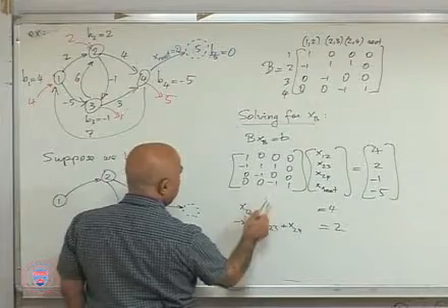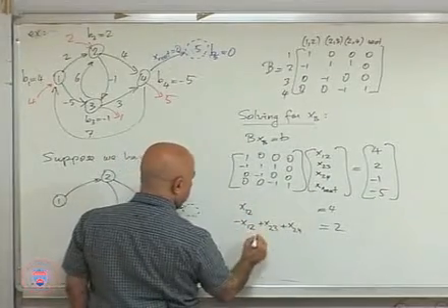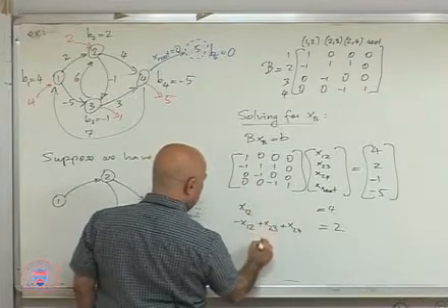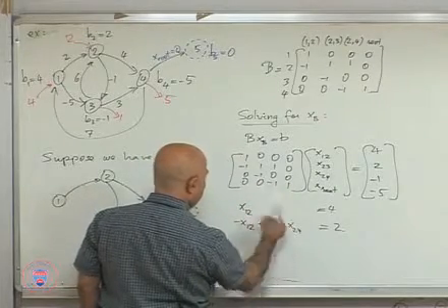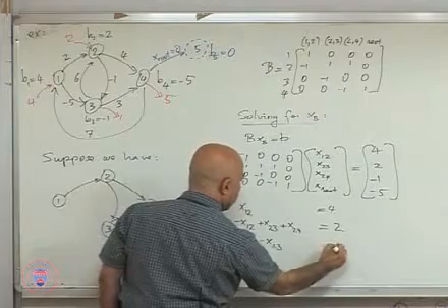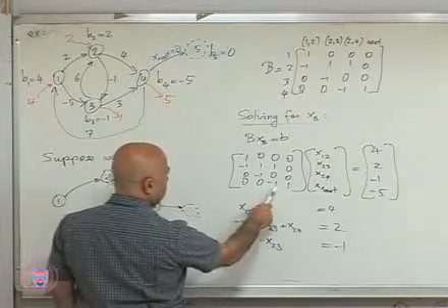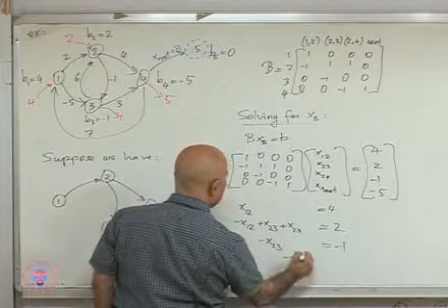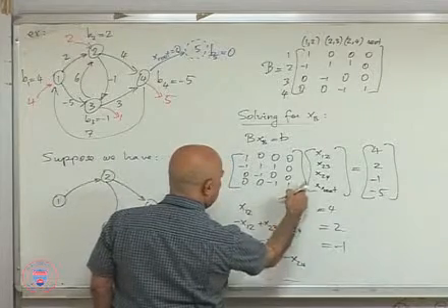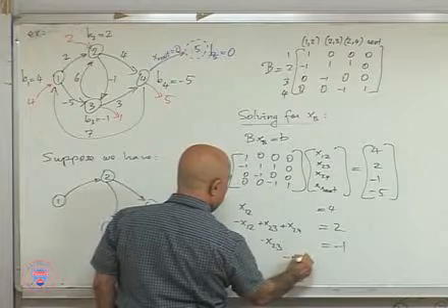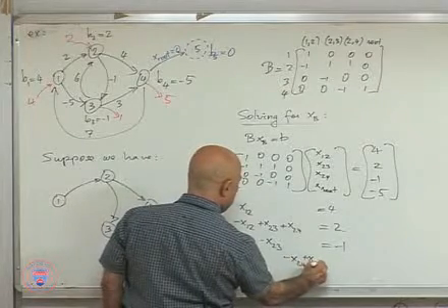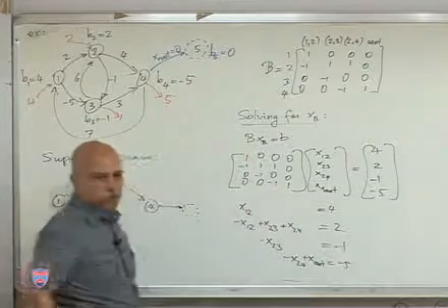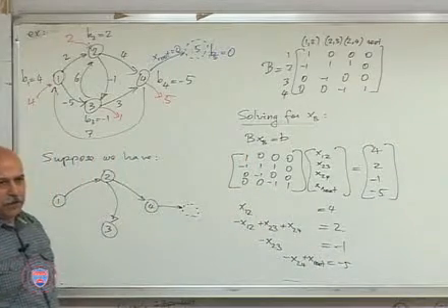This one gives you minus x23 equals minus 1. What else? Minus x24 plus x root equals minus 5. Those are the set of equations you've got.